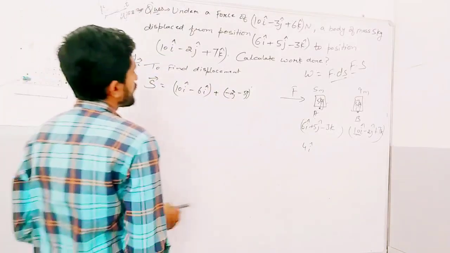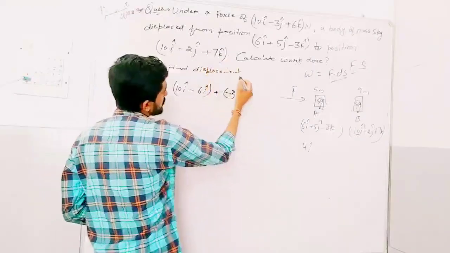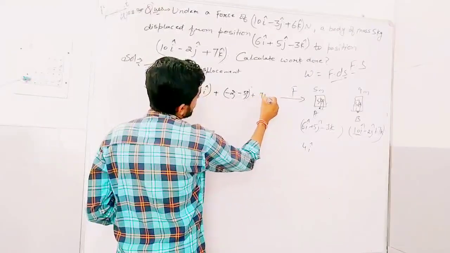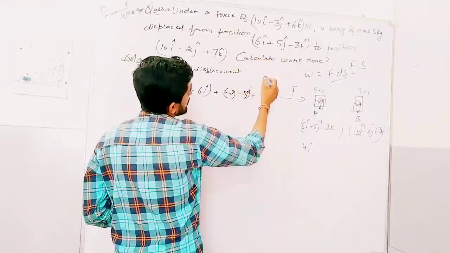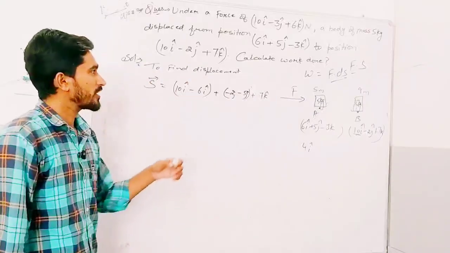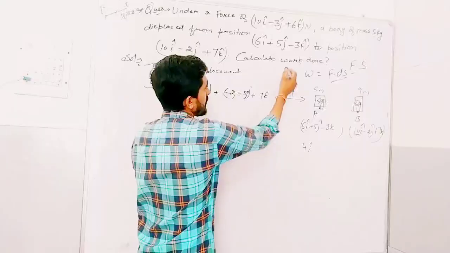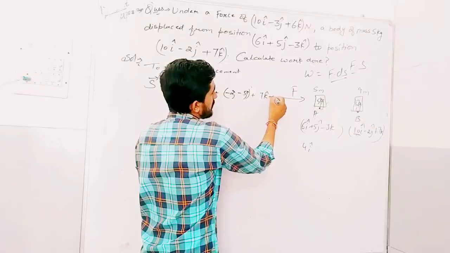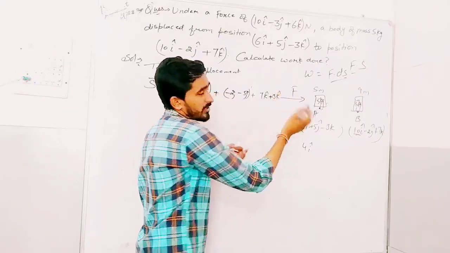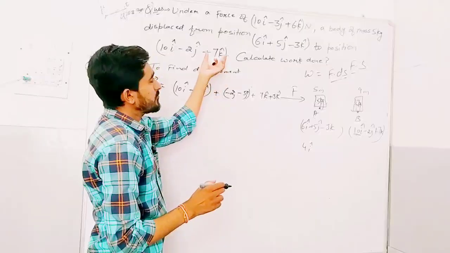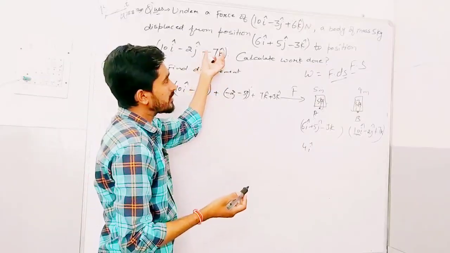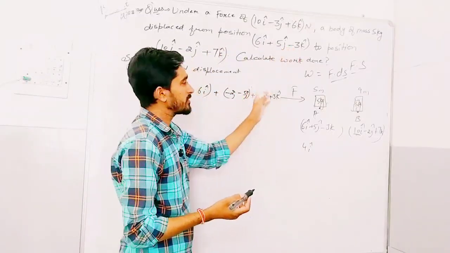Now for k cap, the final position is 7 k cap and the initial position is minus 3 k cap. Final minus initial, then minus of minus becomes plus 3 k cap.